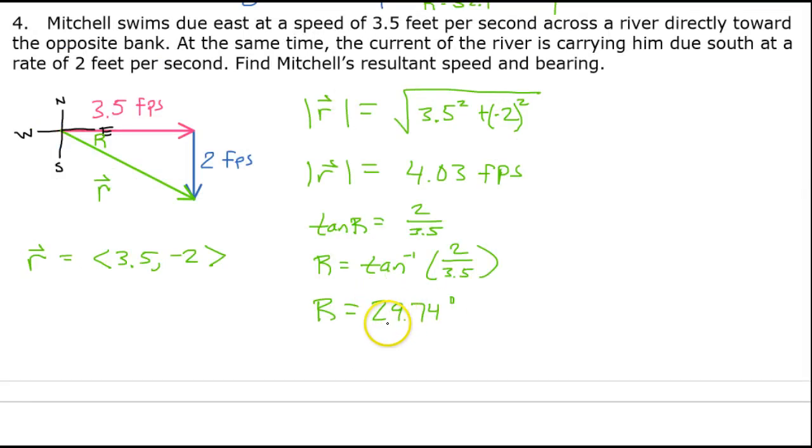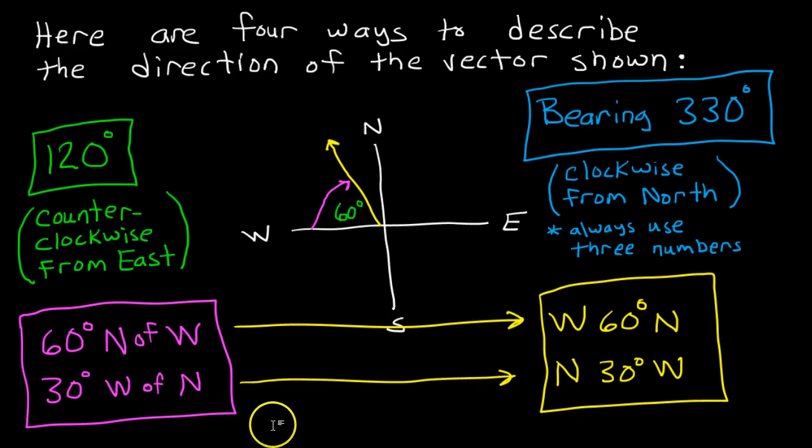Now we have to be careful how we say the direction, because there are many different methods that we have learned. We learned to measure angles counterclockwise from due east. We've learned to name angles in terms of how far they are away from one of the 4 cardinal directions, like 60 degrees north of west.